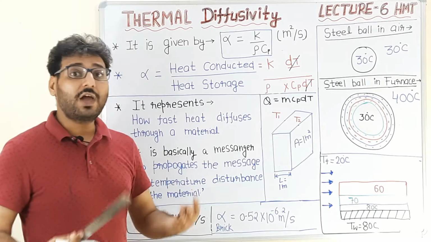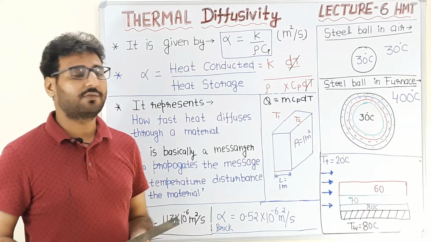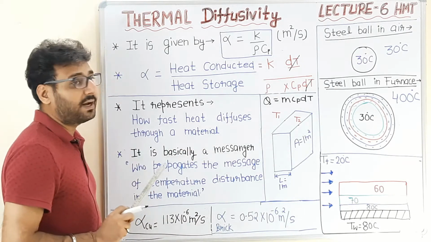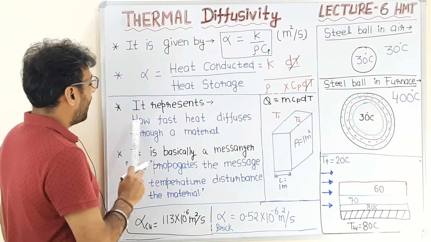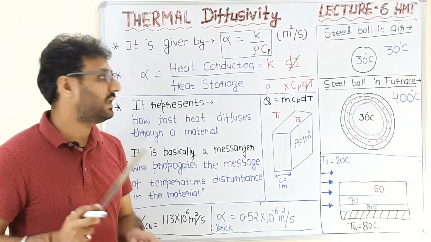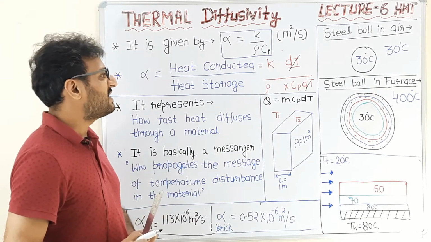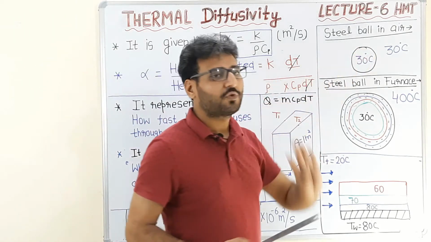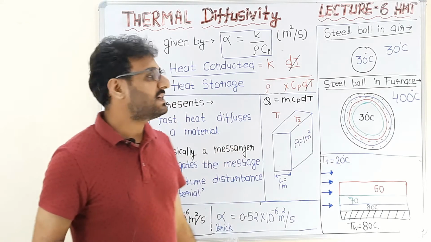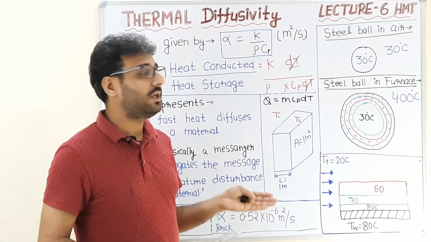Now we are going to discuss the physical significance of the thermal diffusivity. Our first statement is that it shows how fast heat diffuses through a material. Now consider a steel ball which is initially in air and it is in thermal equilibrium with the air.